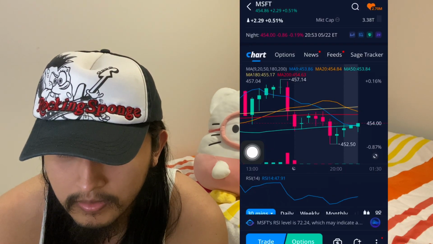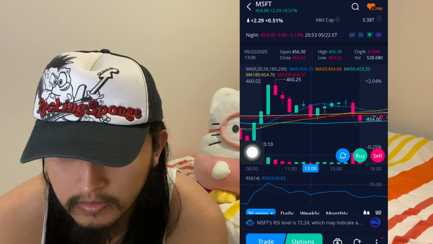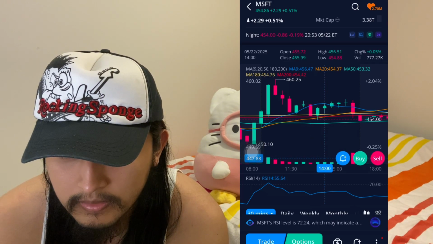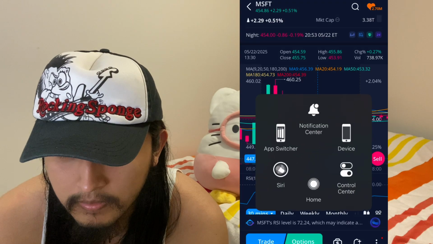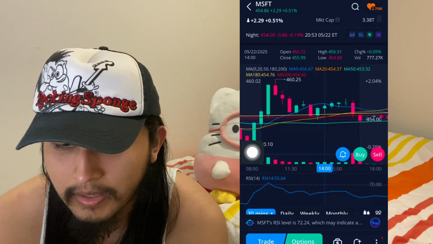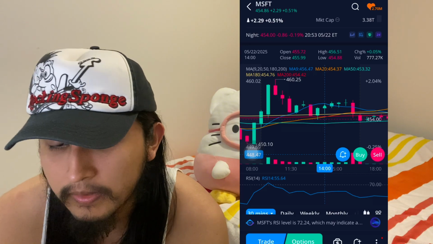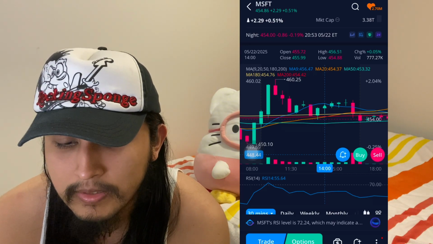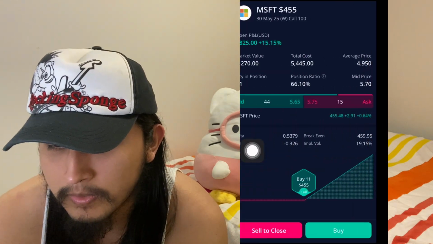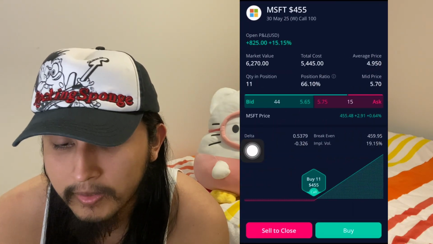So literally at the opening candle of this candle right here, the 14:00 candle. So basically at the open I sold out at 455, and basically when I sold out the position I made an easy gain of $825 trading Microsoft call options.